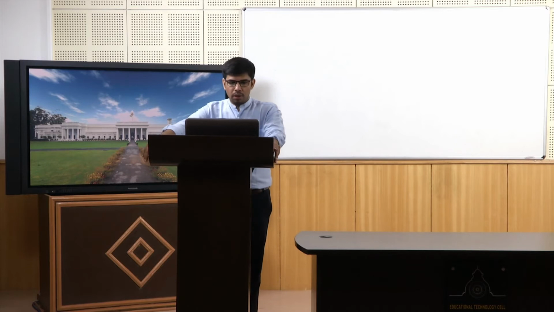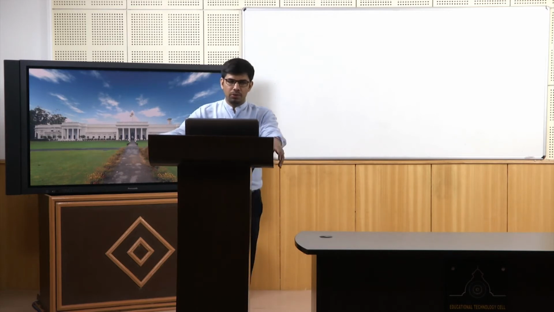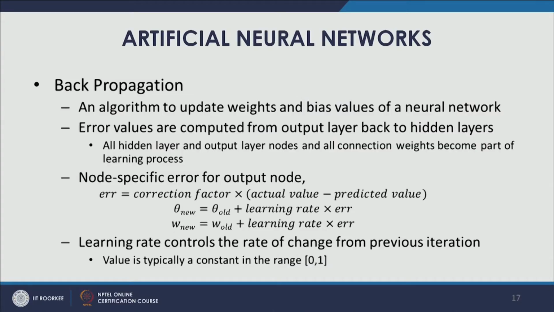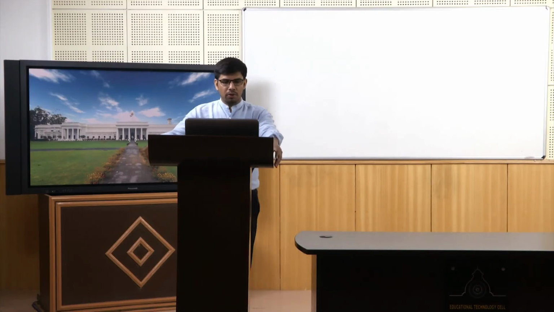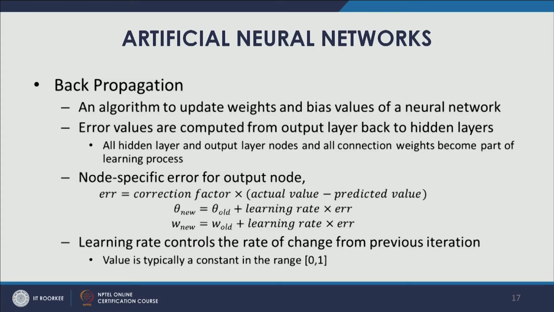The actual algorithm used to perform this process is back propagation. So we can say that the estimation method used in a neural network is the back propagation algorithm. This algorithm is used to update the weights and bias values of a neural network. Error values are computed from the output layer back to the hidden layers. That is why it is called back propagation.